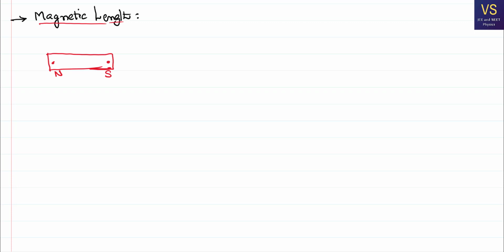Now, before going to the magnetic length, let me tell you one thing. There is a line that is passing through the north and south poles of the magnet. That line that is passing through both of them is called the magnetic axis. So what is a magnetic axis?